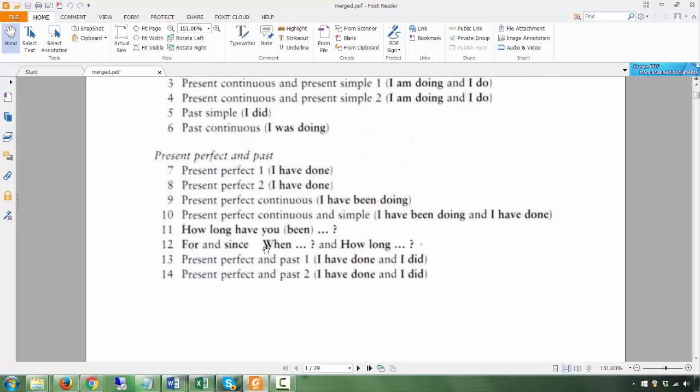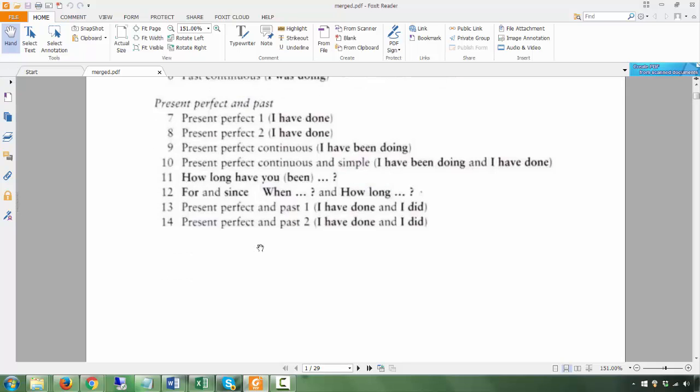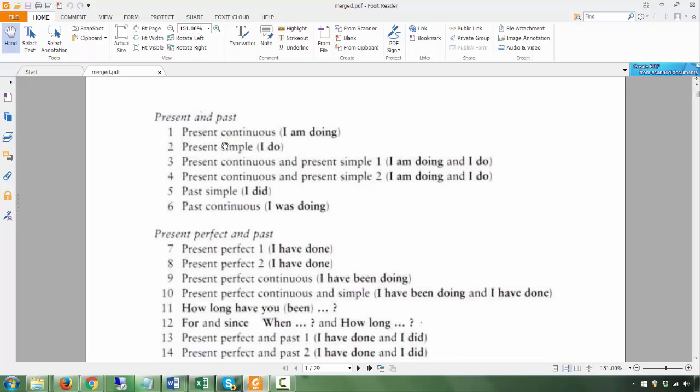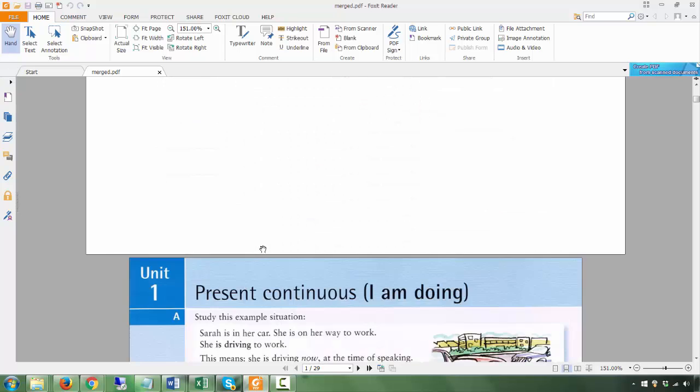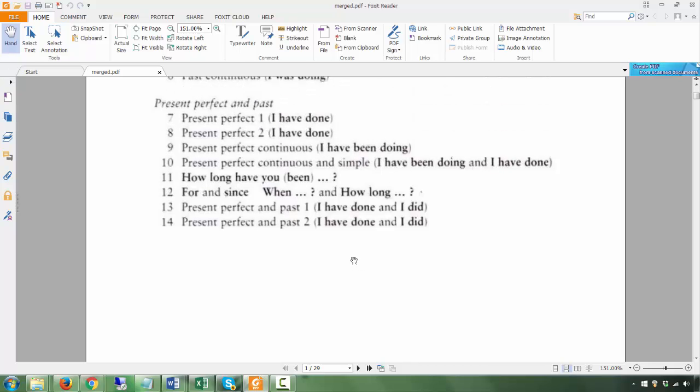Whether you have time to go through all, you may not, but at least present simple, present continuous, past simple, probably present perfect simple is something that you should know, and maybe continuous too.